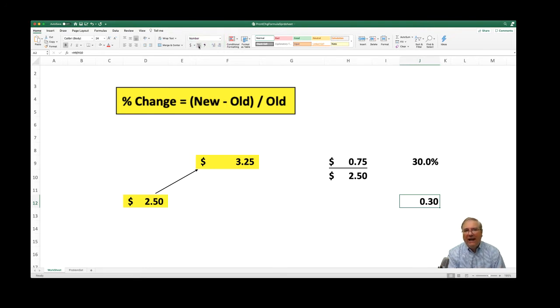So since we need a percentage format, we just hover onto the cell 0.30 and we click on percent, and lo and behold, 0.3 is now represented as 30%. And to tack on a digit after that, as I like to recommend to students, you have 30.0%, the same answer.